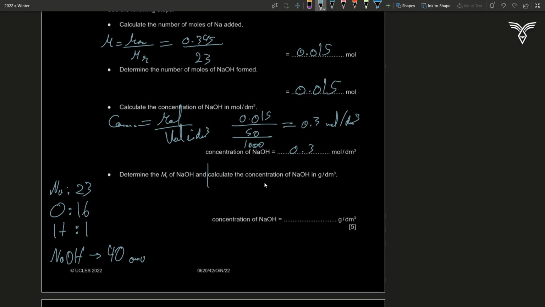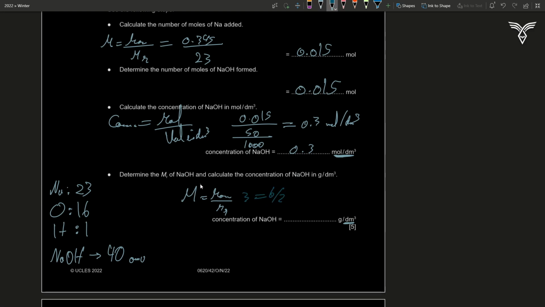Then we have to calculate the concentration of NaOH in grams per decimeter cubed. So we want to go from moles per decimeter to grams per decimeter. How do you go from moles to grams, setting aside the decimeter itself? As we said at the beginning, moles equal mass over molar mass. We'll use the same trick as always: 3 equals 6 over 2.